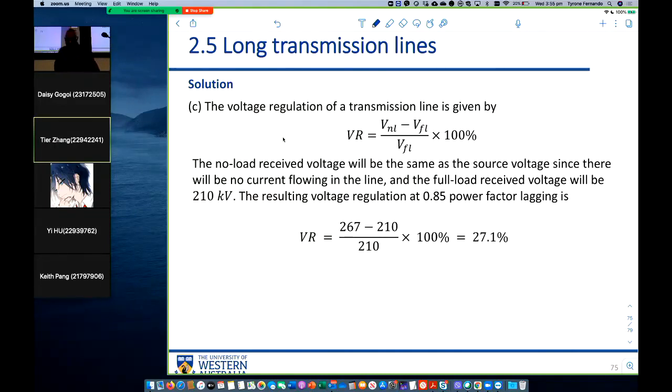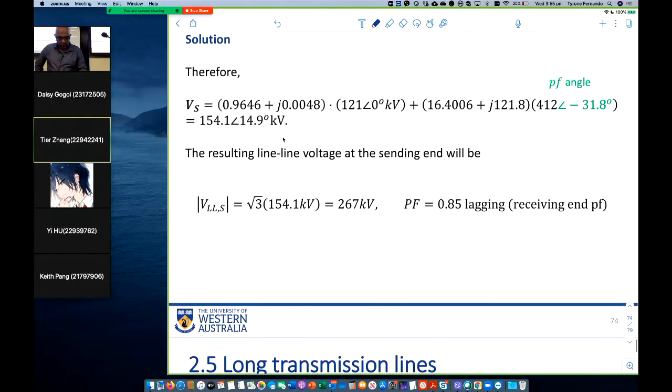At the sending end, the line to line voltage was 267. Phase voltage is 154. You know how to go from phase voltage to line voltage, you simply multiply by √3. We assume it's a star connection unless otherwise stated.